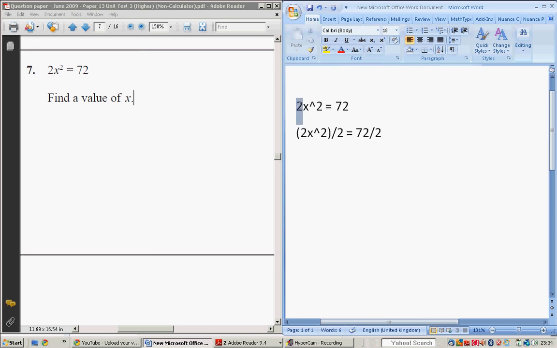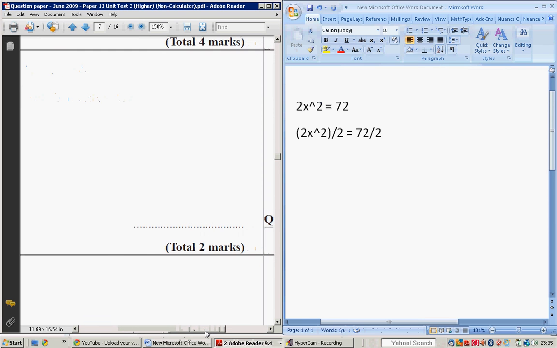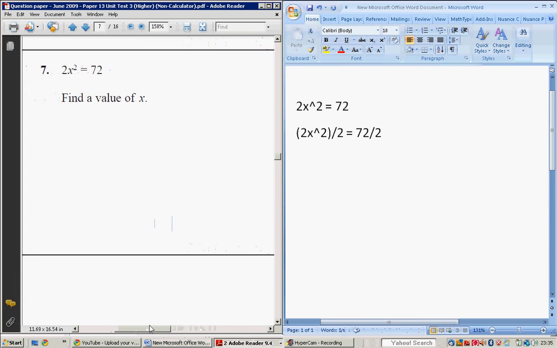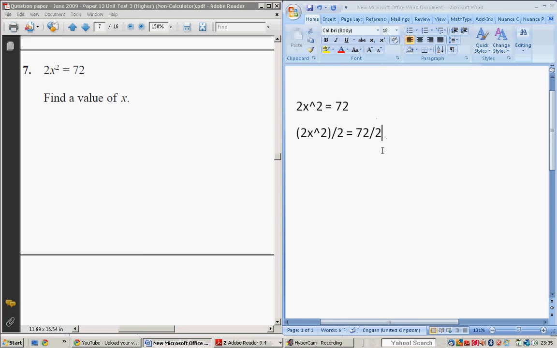So I'm dividing this expression by 2, and I'm also dividing this expression by 2. I need to get x by itself. I just want a number that goes there for x. So I want my final answer to be something like x equals and then some number. And the way to do that is to get rid of this 2 and this to the power of 2. So the opposite of multiplying by 2 is dividing by 2. That's why I've divided both sides by 2.